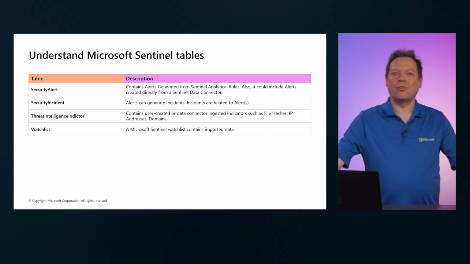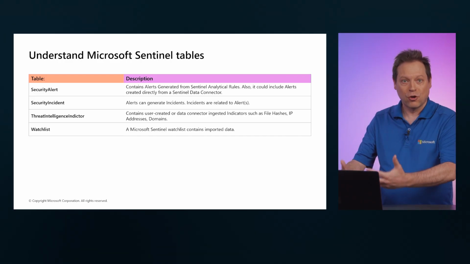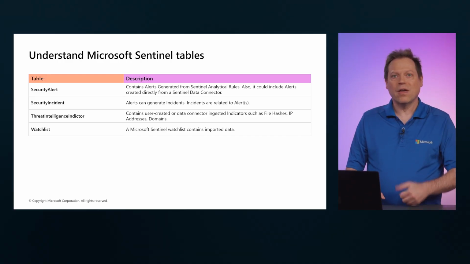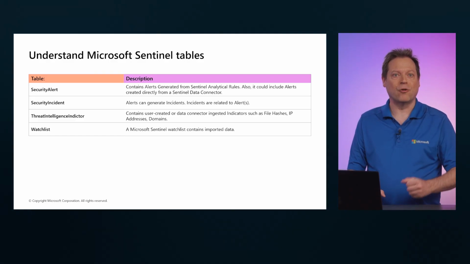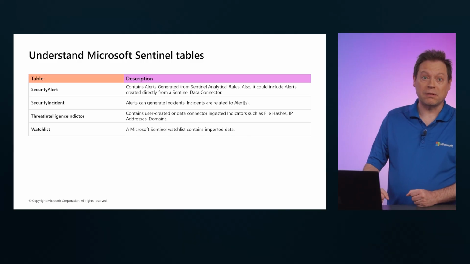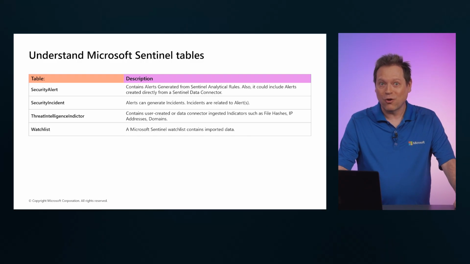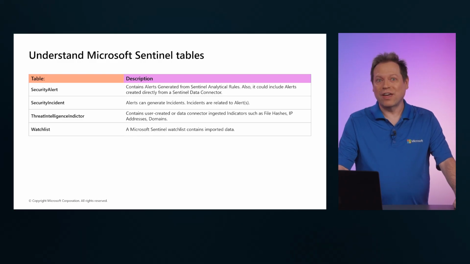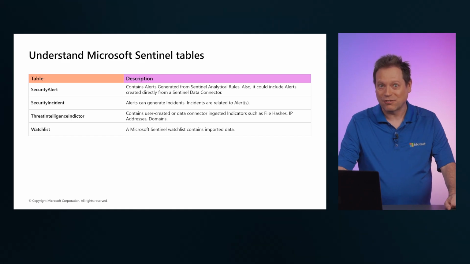You'll also see the ThreatIntelligenceIndicator table, which contains indicators created by users or ingested through data connectors, things like file hashes, IP addresses, and domains. And finally, the Watchlist table represents imported data stored in a watchlist, which you can use to enrich hunts, detections, and investigations.